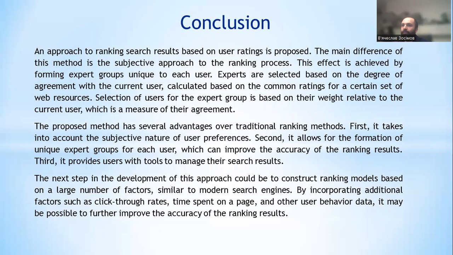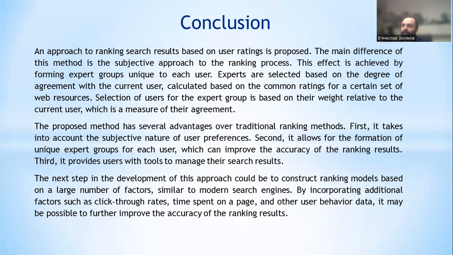Experts are selected based on the degree of agreement with the current user, calculated based on the common ratings for a certain set of web resources. Selection of users for the expert group is based on their weight relative to the current user, which is a measure of their agreement.